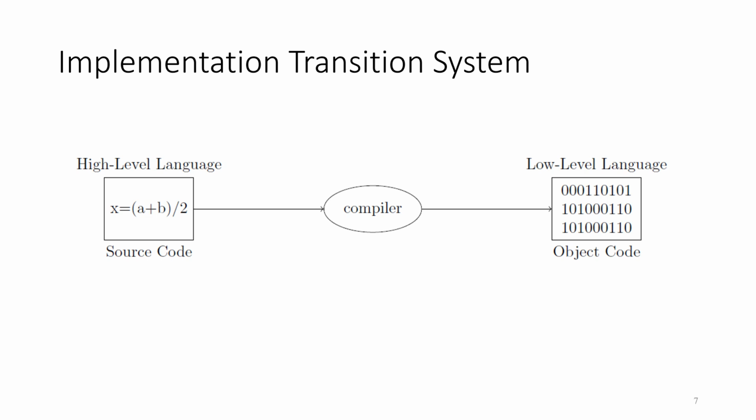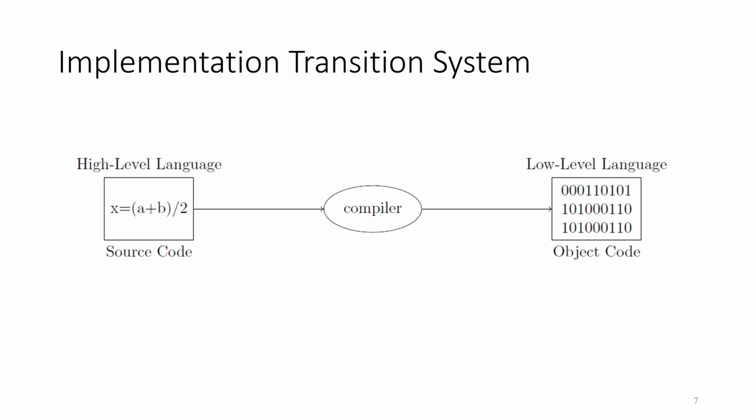What is an implementation transition system? When this simple behavior of stepper motor is written on a microcontroller, the source code is compiled and translated to object code. A single line of source code translates to more than one line of code in the object code.